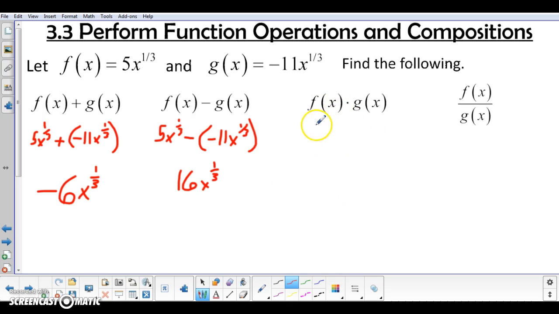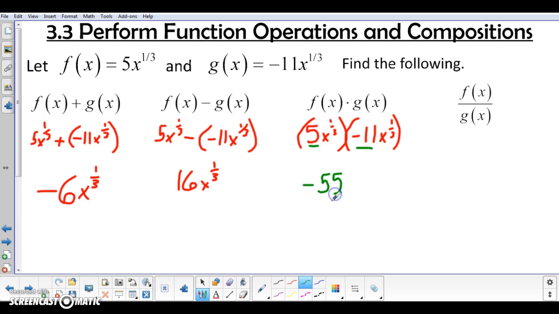Multiplying comes next. So now let's take 5x to the 1/3 times, I'll put it in parentheses to show that we're multiplying here, negative 11x to the 1/3. Now with multiplication, I can multiply the coefficients together. In this case, 5 and negative 11 will become negative 55 when I multiply them together.